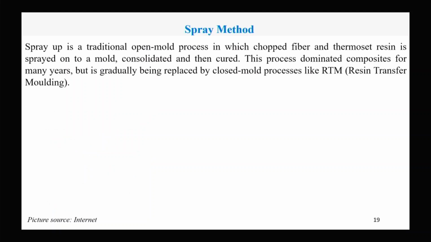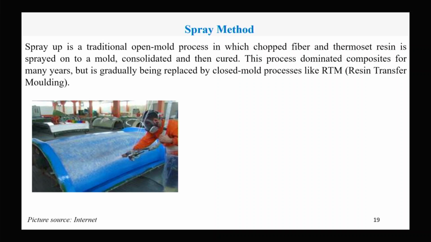And spray method is there. So here we can see spraying is done through the spray gun, and it's a matrix and very short fiber mix that is sprayed over a mold.